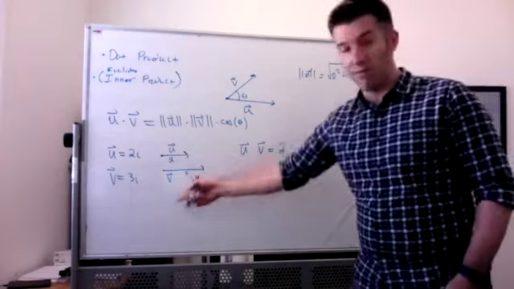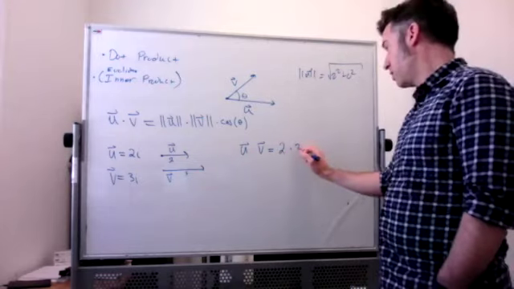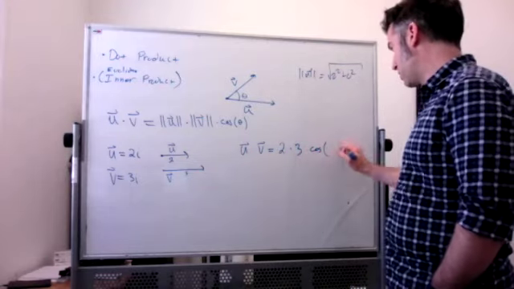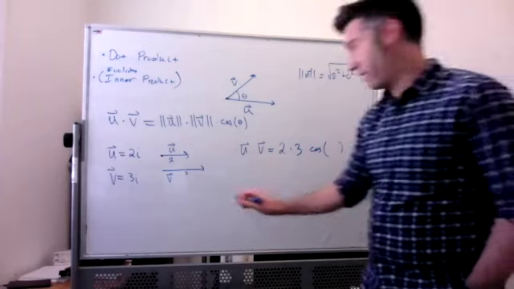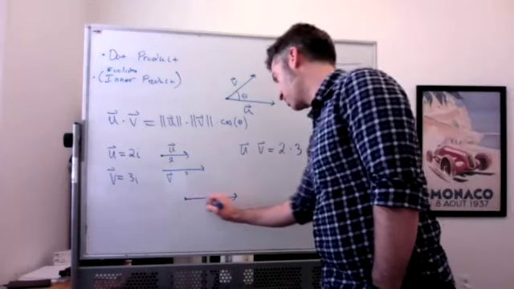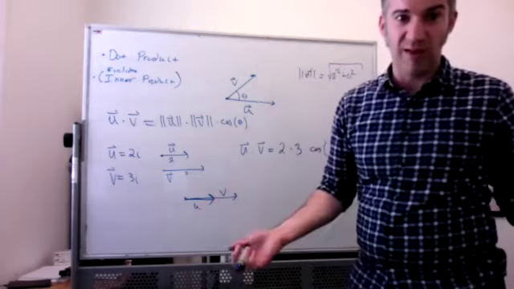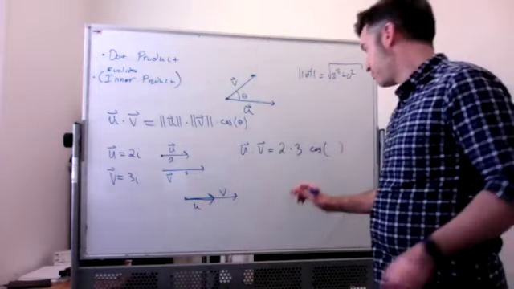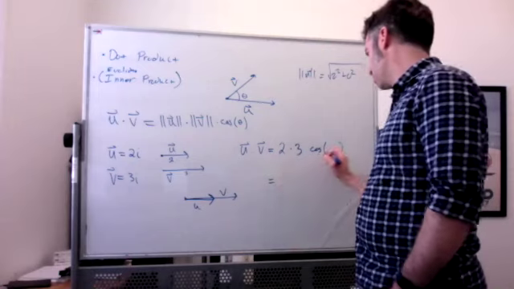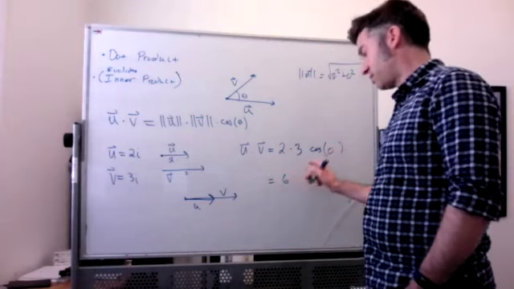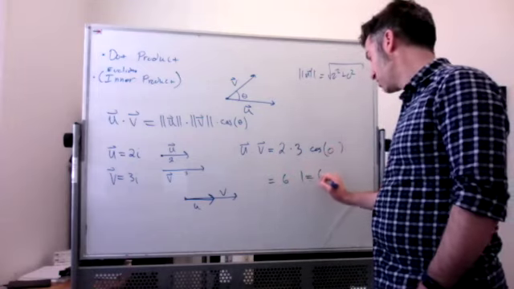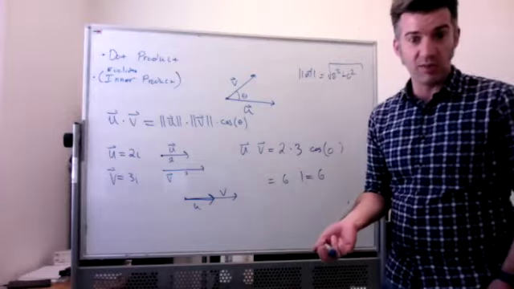The magnitude of v is 3. And cosine of the angle between them, well, if they're emanating from the same place and going in the same direction, the angle between them is 0. So that's going to be 6 times cosine of 0, which is 1. So here, u dot v is equal to 6.